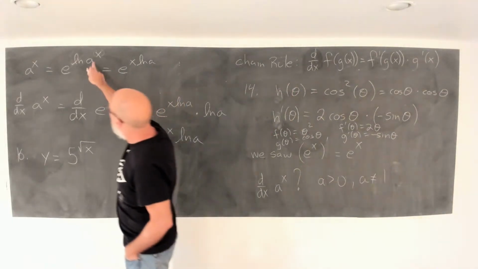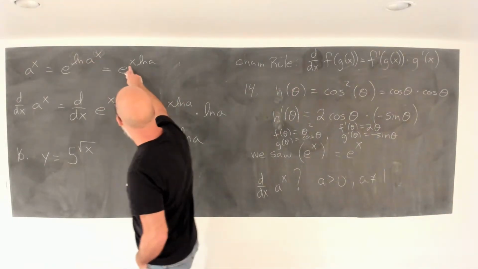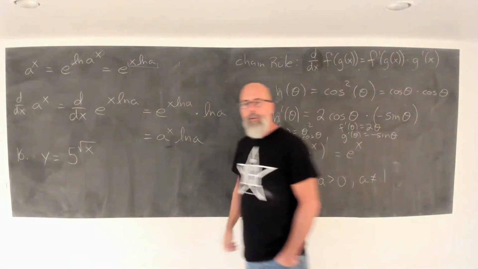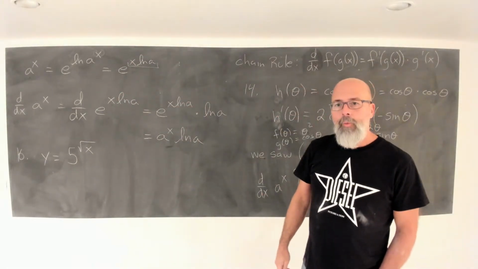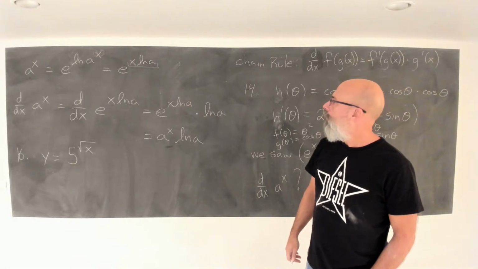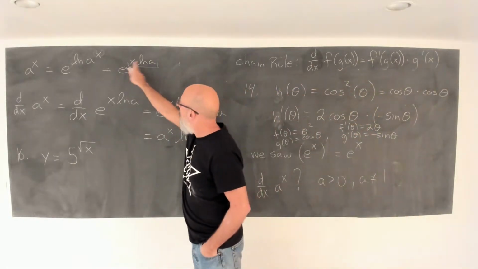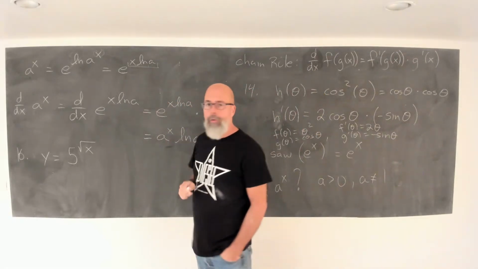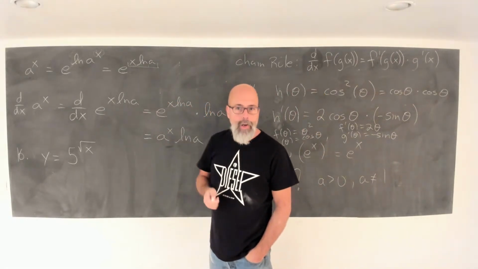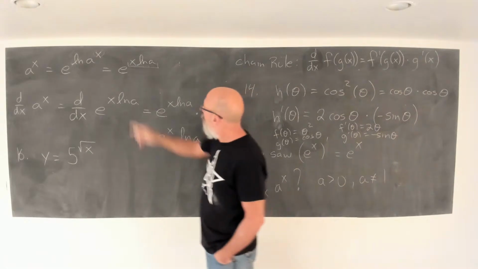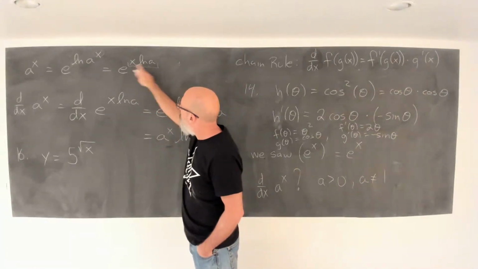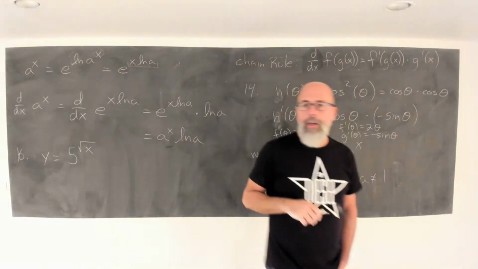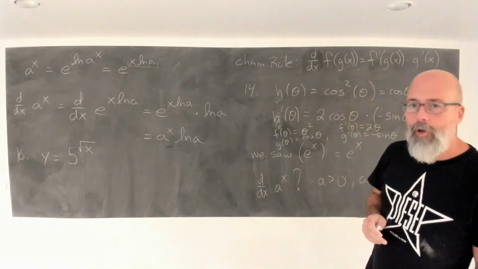Well, ln of a to the x is the same as x ln a. Why is it ln a? Well, it's x times a constant. X times 2. What's the derivative of 2x? You know it's 2. What's the derivative of 7x? Right? X times 7. X times ln a. The derivative is just ln a.